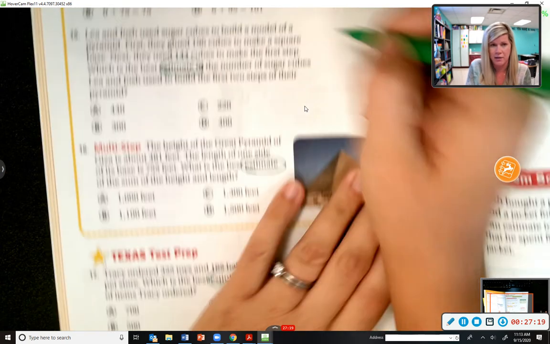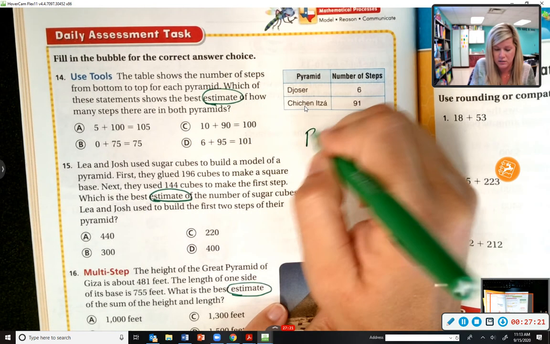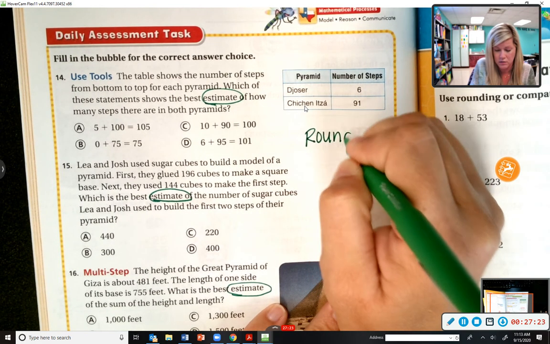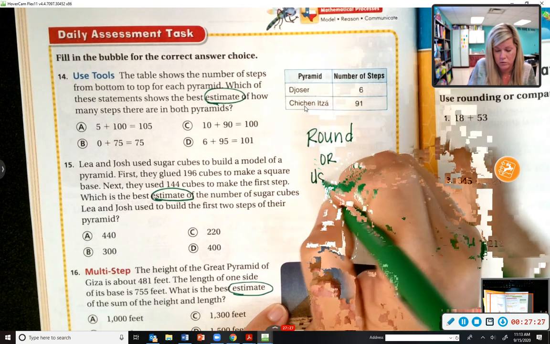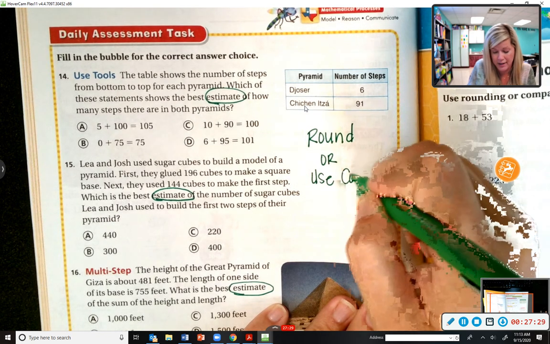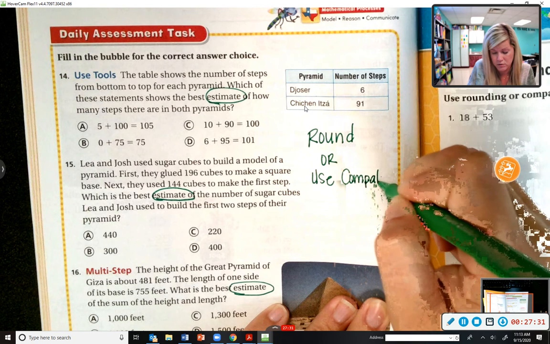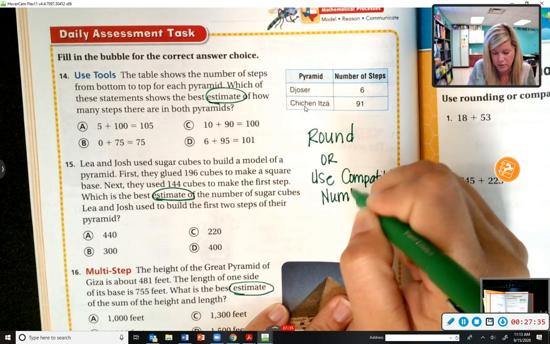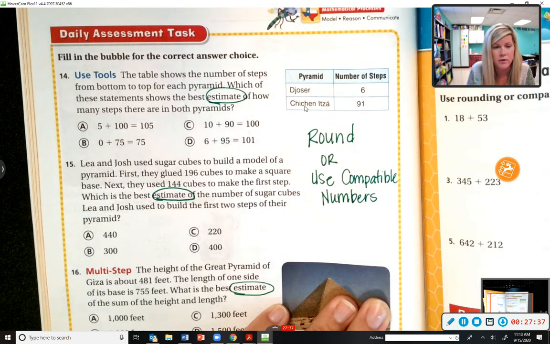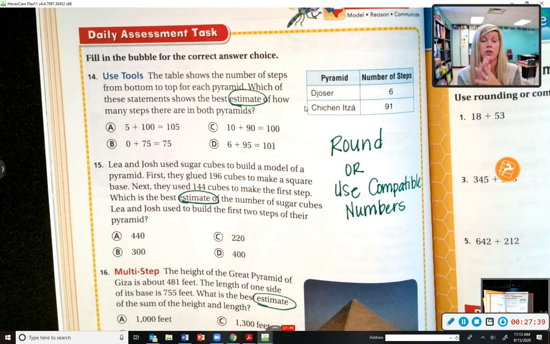You estimate by either rounding or using compatible numbers. So remember, compatible numbers are numbers that go easily together in our head.